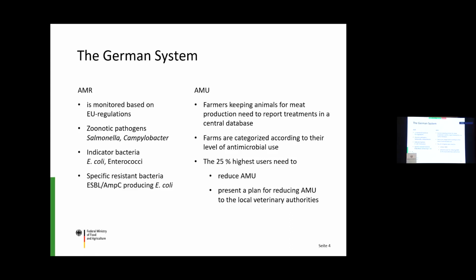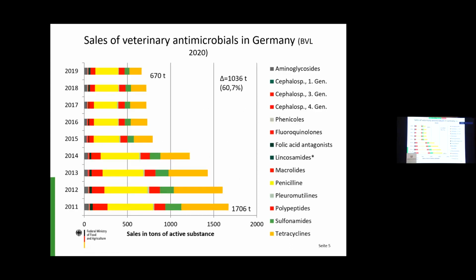Twice a year, this data is collated and farms are categorized according to their level of use. The farms with the highest use in the respective sector need to take action to reduce treatment frequency and report this to the responsible authority. So this is basically our system, and let's go on to the next slide.